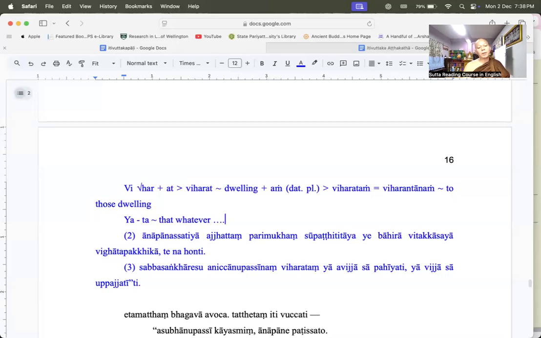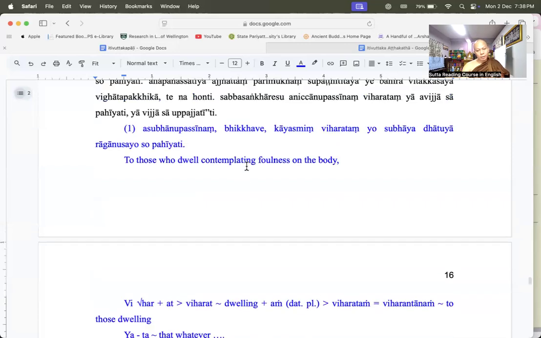So now with the nominative case, yo and so are the subject of this pahiyati.